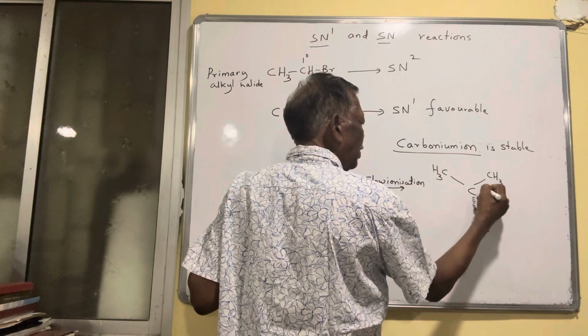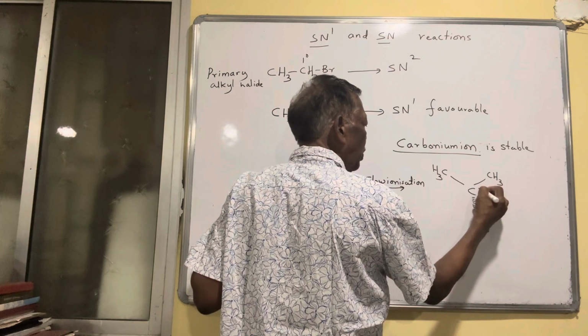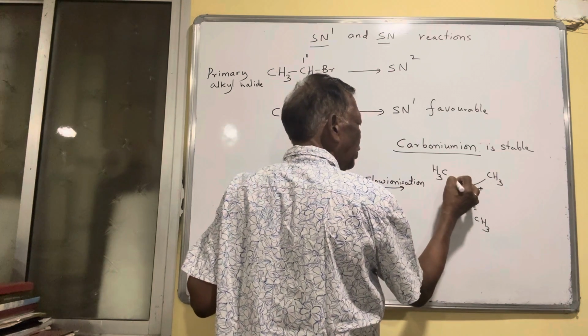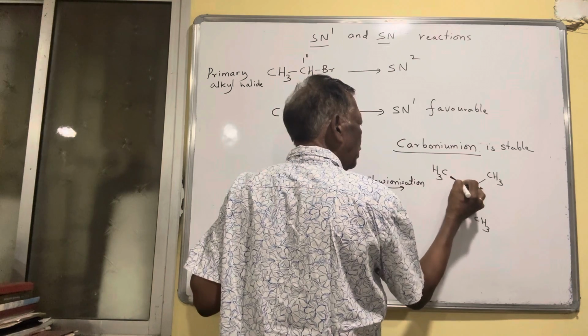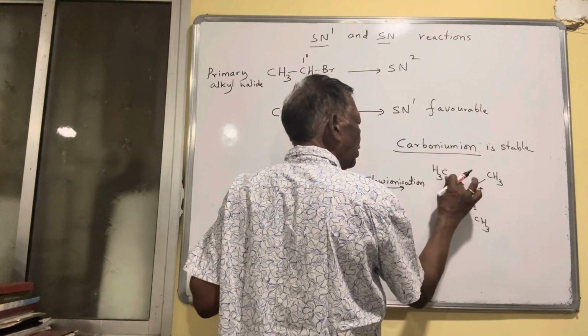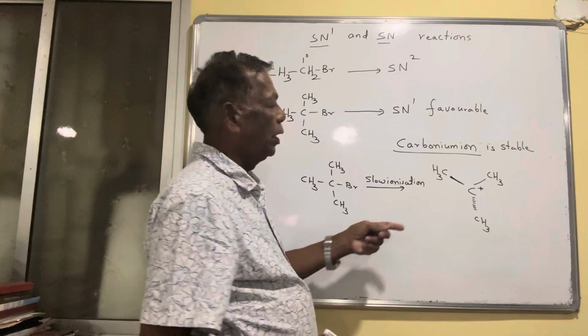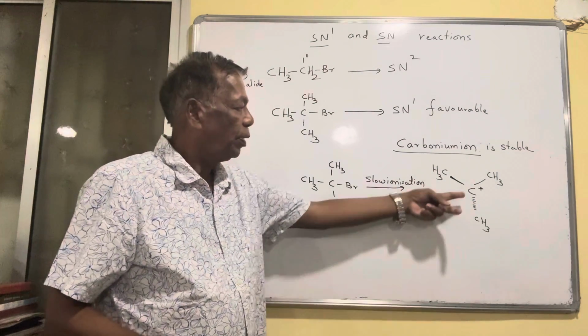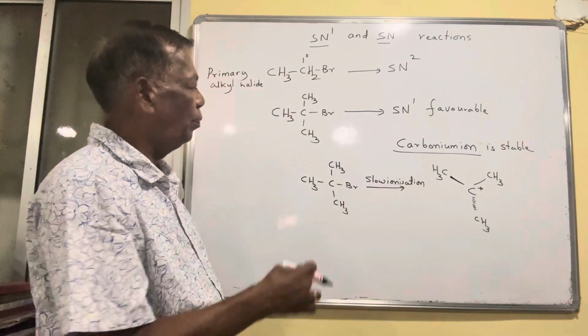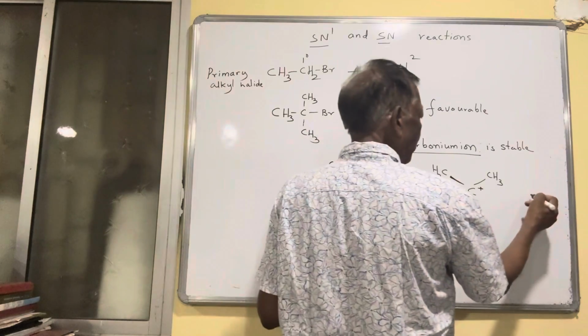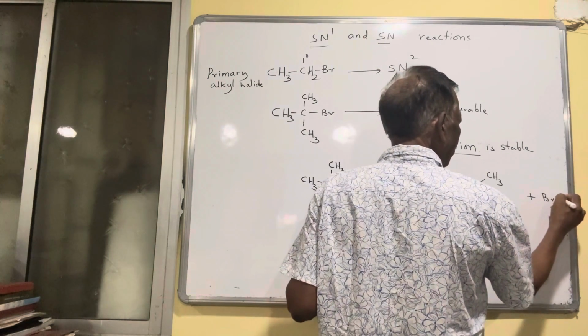Okay, and this is the carbonium ion produced. A carbonium ion carries a positive charge. So here this is a rough structure which I am trying to explain. Carbonium ion form, positive charge. Then Br minus is out. So ionization has taken place.